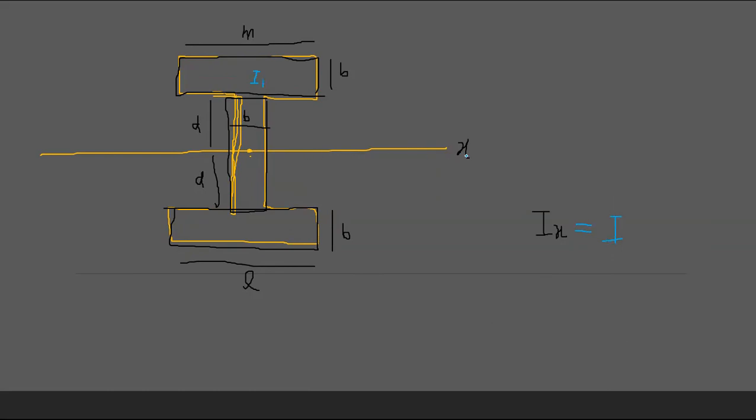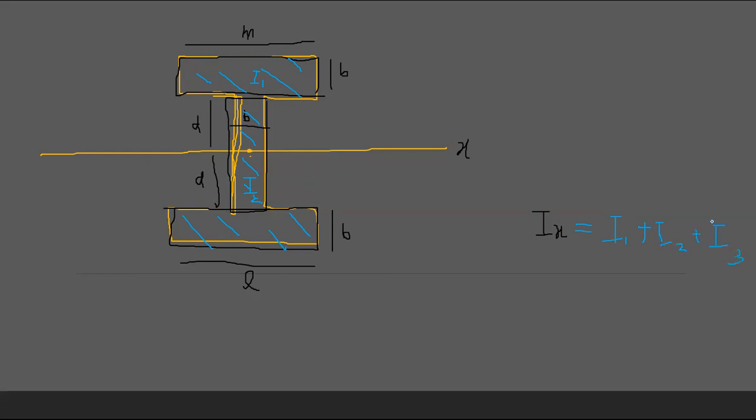about the x-axis, for this area you have I1. About the x-axis for this area you have I2. About this axis you have I3, right?